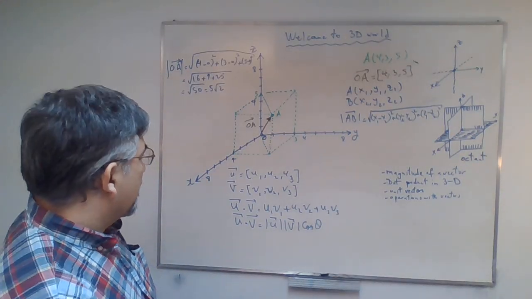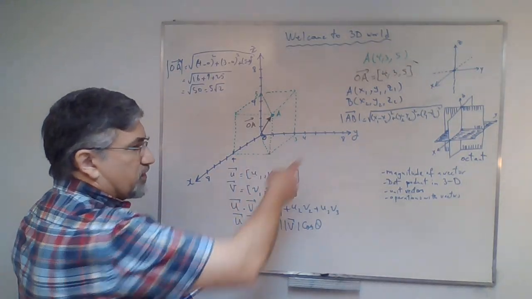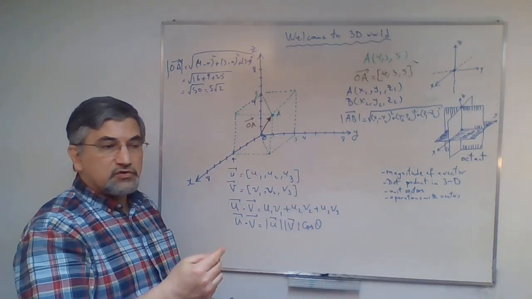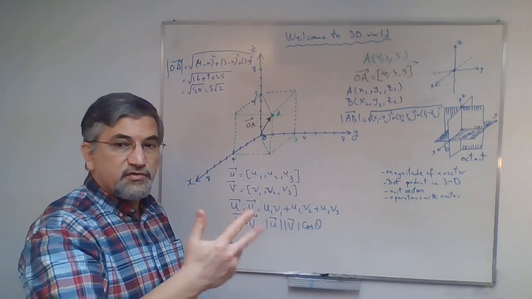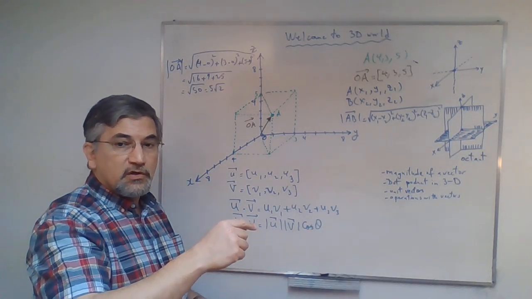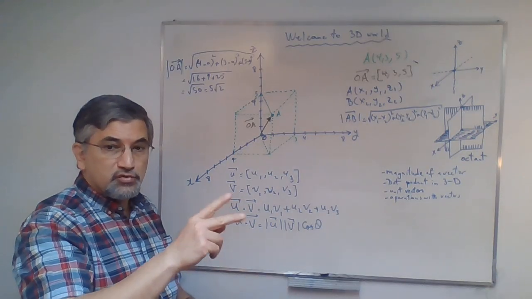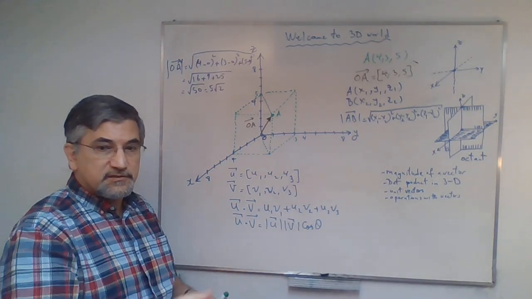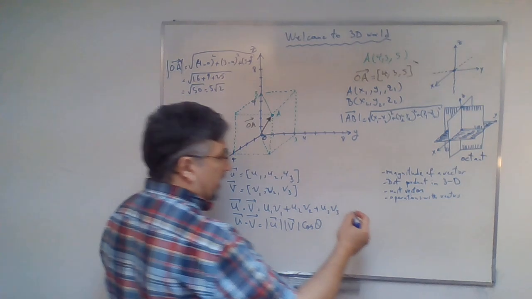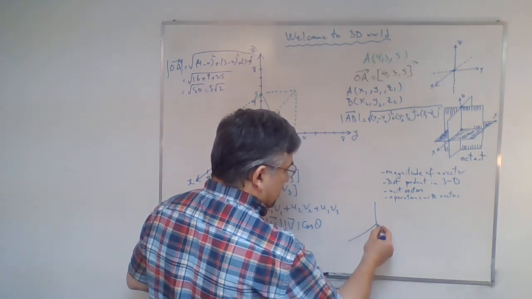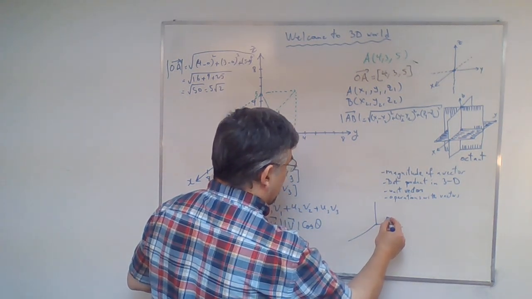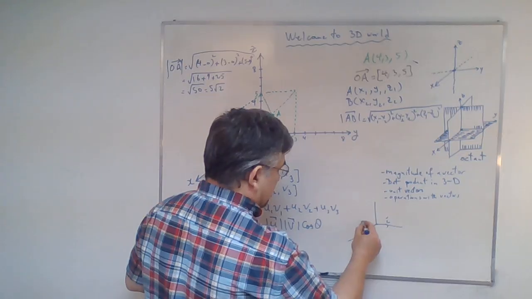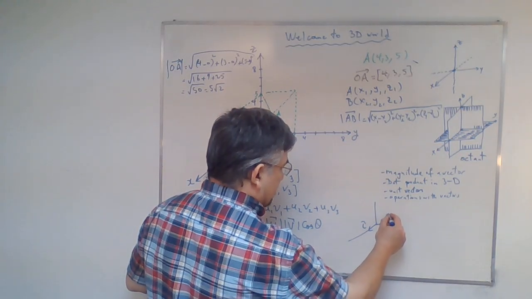Unit vectors: we have 3 axes instead of 2 axes now, so we're going to have 3 unit vectors along 3 axes instead of the former i hat, j hat, 2 unit vectors along x and y axis. So now we have this scenario here. This is i hat, this is j hat.